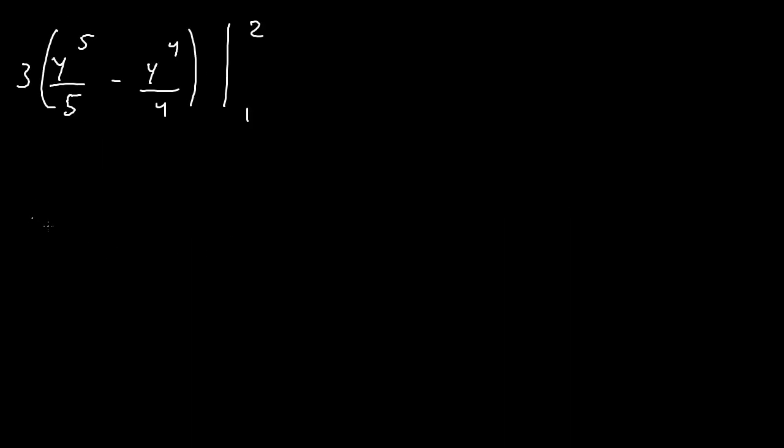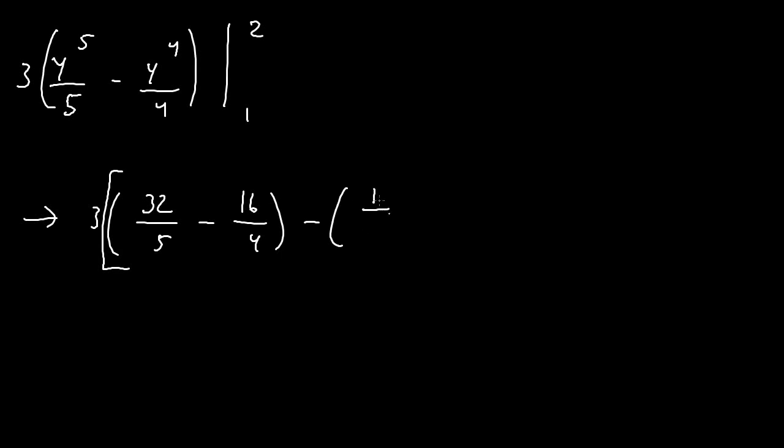When I do that, we'll get 3 times, now plug in 2 for y, we'll get 2 to the 5th, which is 32, over 5, minus 2 to the 4th, which is 16 over 4, minus, when I plug in 1 for y, we'll get 1 to the 5th over 5, so 1/5, minus 1 to the 4th over 4, 1/4.